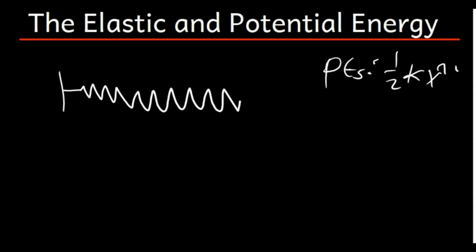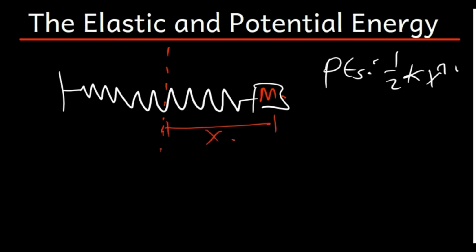The elastic potential energy which is being stored in the spring is also known as the work done by the spring. Why are we saying that? Because if we have our spring, and let's say we have the mass, then this is our equilibrium position. If we stretch this all the way to this point, we are going to have the x.